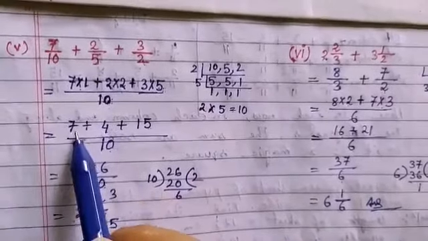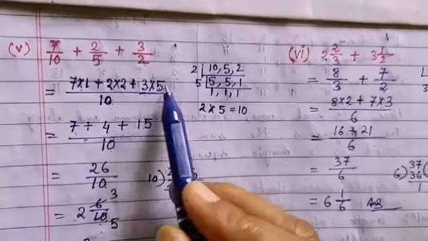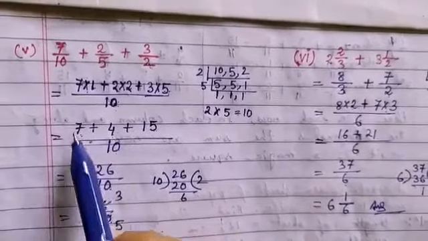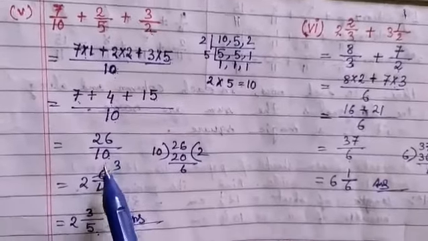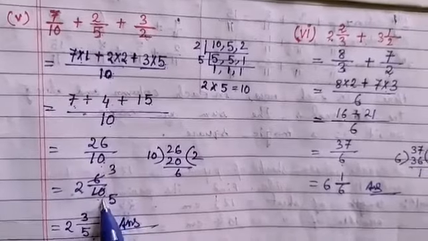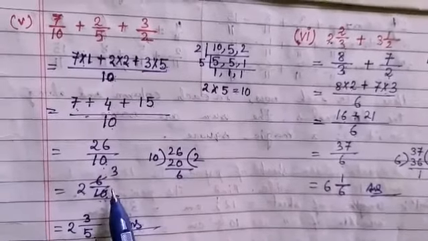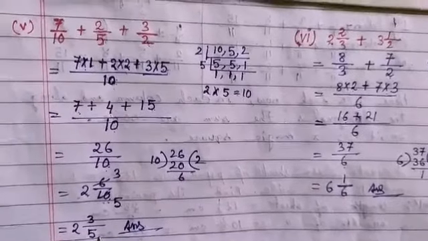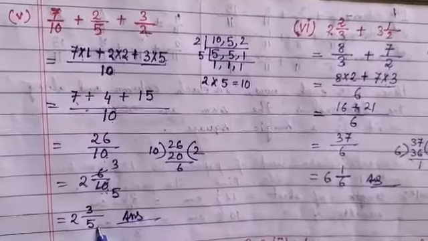So 7 into 1 is 7, 2 2s are 4, 5 3s are 15, whole divided by 10. Adding these gives 26 by 10. Then this is converted into a mixed fraction, 2 whole 6 by 10. Then 6 by 10 is divided by 2, giving 3 by 5, so 2 whole 3 by 5. At last we have to make it in simplest form.